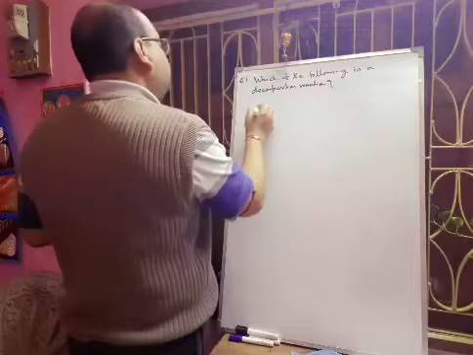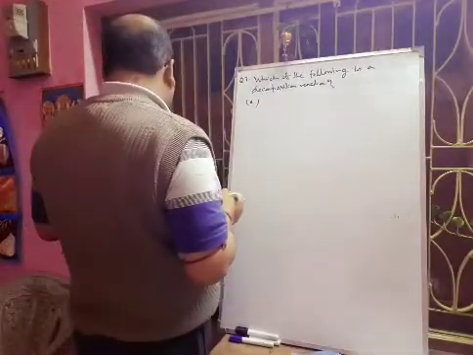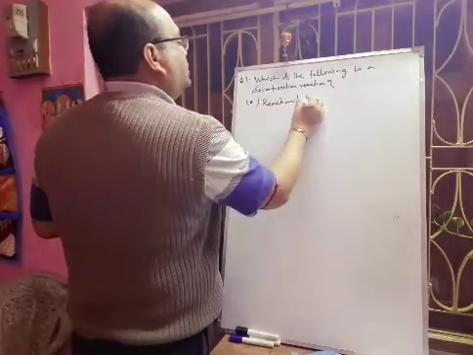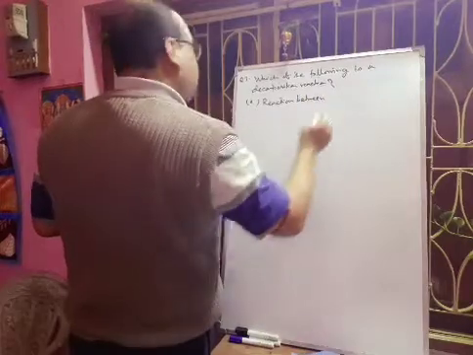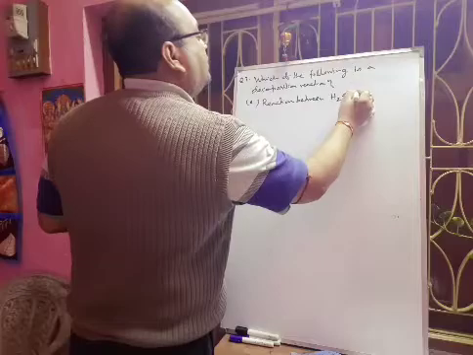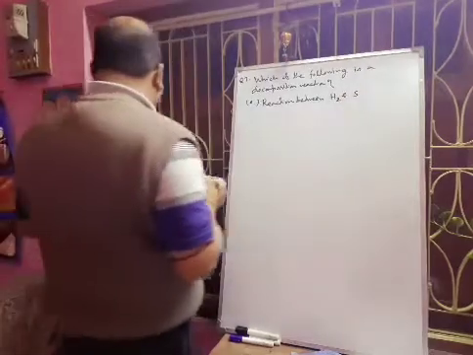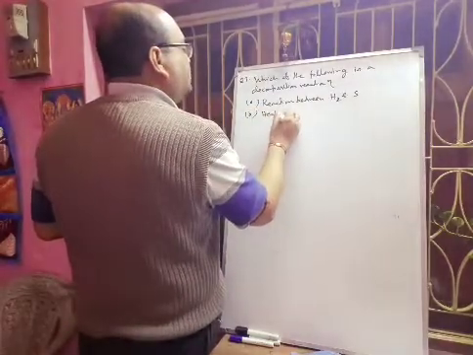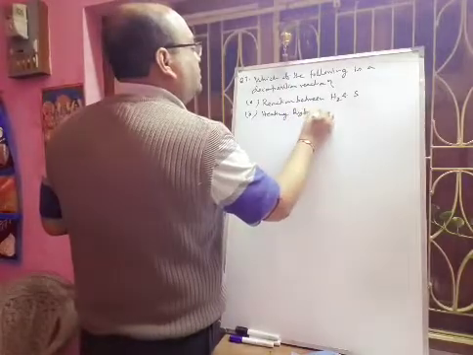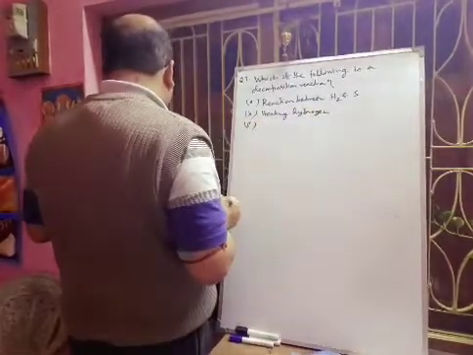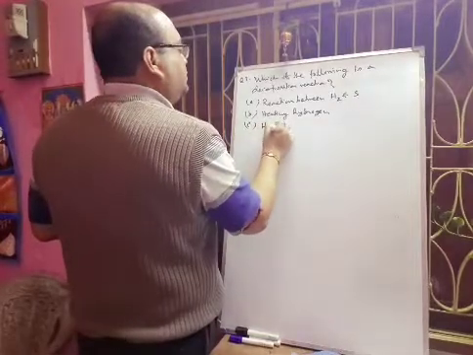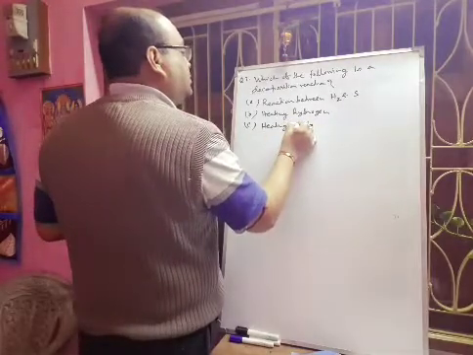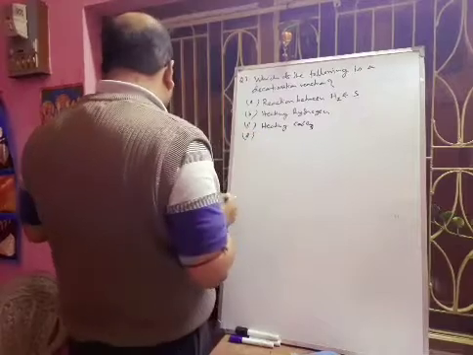First one is A, reaction between hydrogen and sulfur. Second is heating hydrogen. Third one is heating calcium carbonate. Option D is burning magnesium in air.